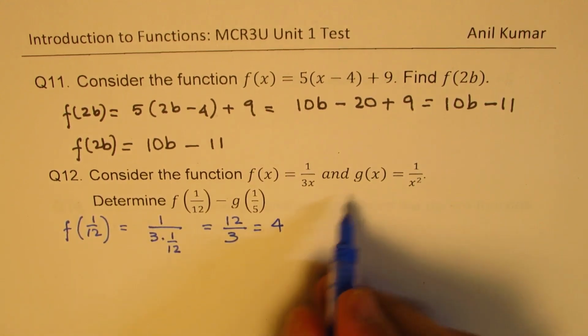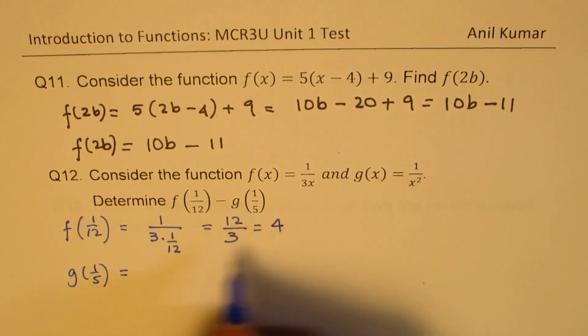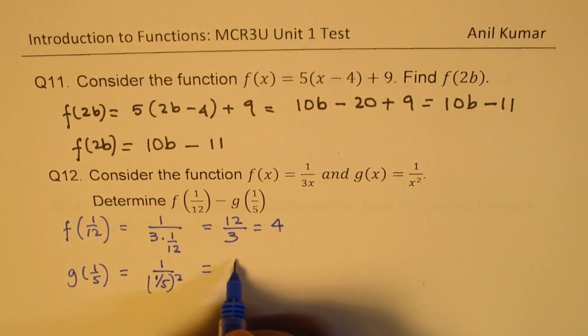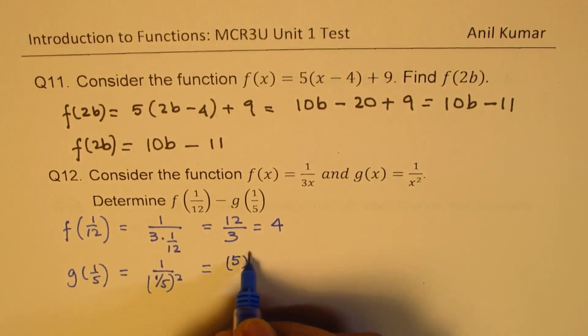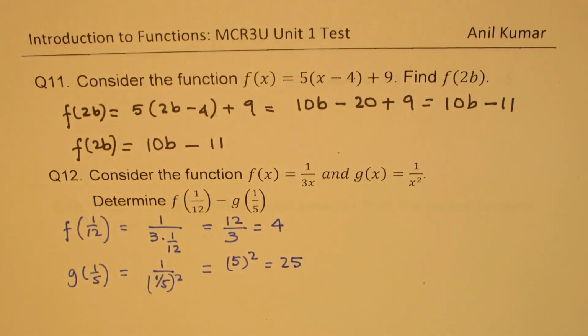Now let's also find g of 1 over 5. g of x is 1 over x squared, so 1 over 5 squared, which is 1 over 25. What do we need to figure out?